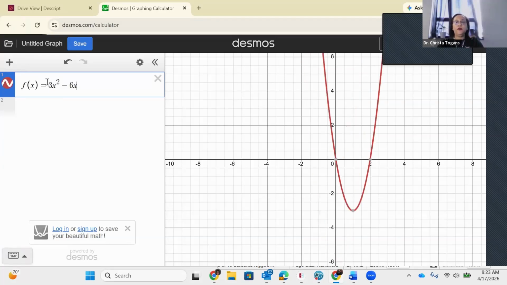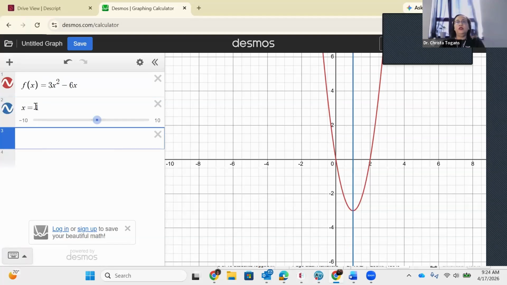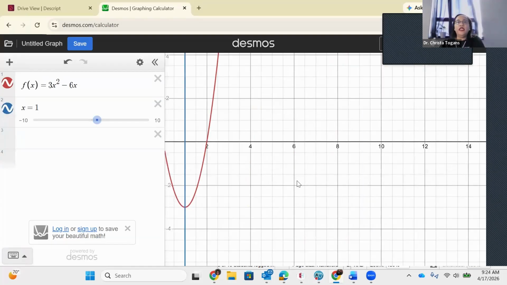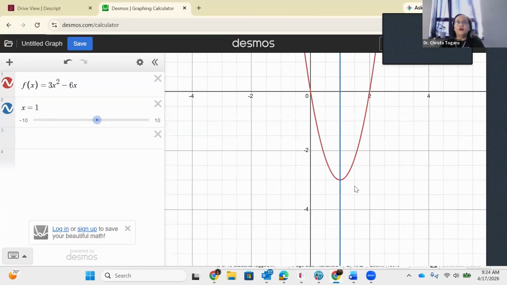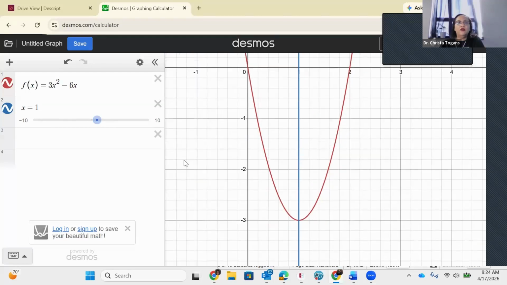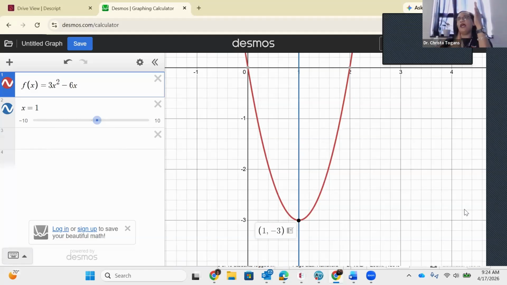The axis of symmetry, you see that the vertex was 1 comma -3. So the axis of symmetry is x equals 1. Do you see how it cuts it in half? You can fold it one way or the other, and it's a mirror image, right? So that's the axis of symmetry.